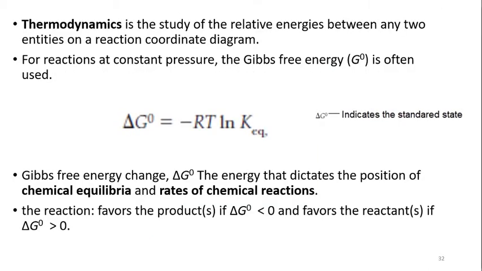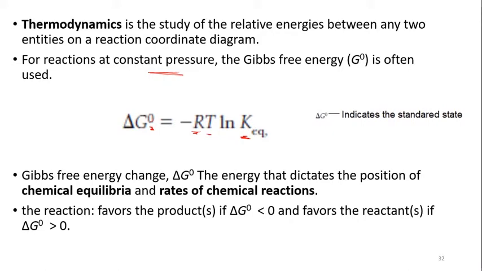For reactions at constant pressure, we indicate the energy of the reaction as the Gibbs free energy. The Gibbs free energy at standard conditions is equal to minus RT ln K equilibrium. R is the gas constant, T is the temperature in Kelvin, and K equilibrium is the equilibrium constant of my reaction.